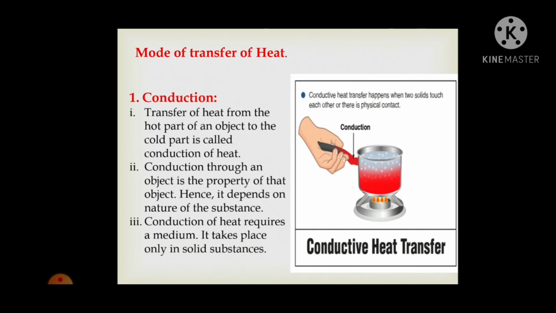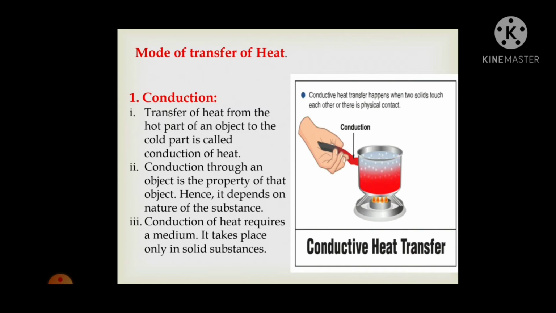Okay, so these are the points to remember. Conduction of heat. First, transfer of heat from the hot part of an object to the cold part is called conduction of heat. Second, conduction through an object is the property of that object. Hence, it depends on the nature of the substance.